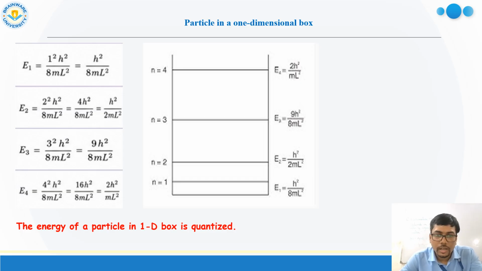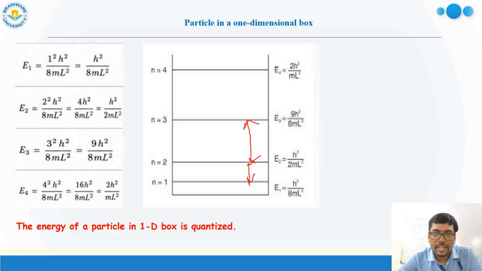So I have drawn here the corresponding energy levels, and you can easily observe that between the ground state and the first excited state there must be some energy gap. Not only that, between the first excited state and the second excited state there is also some energy gap. So energy is not continuous, or energy transfer does not occur in a continuous way.